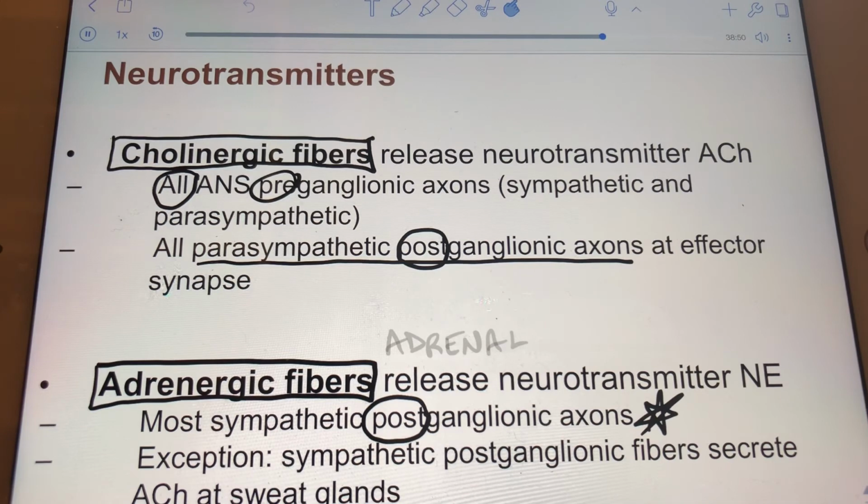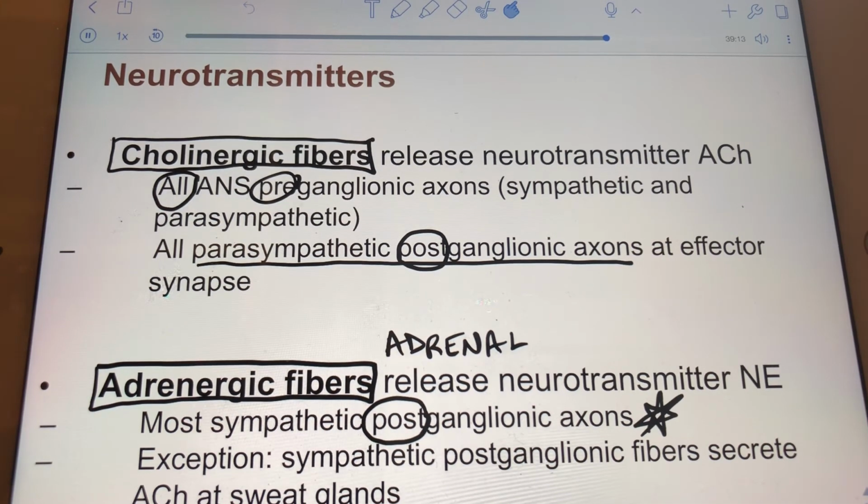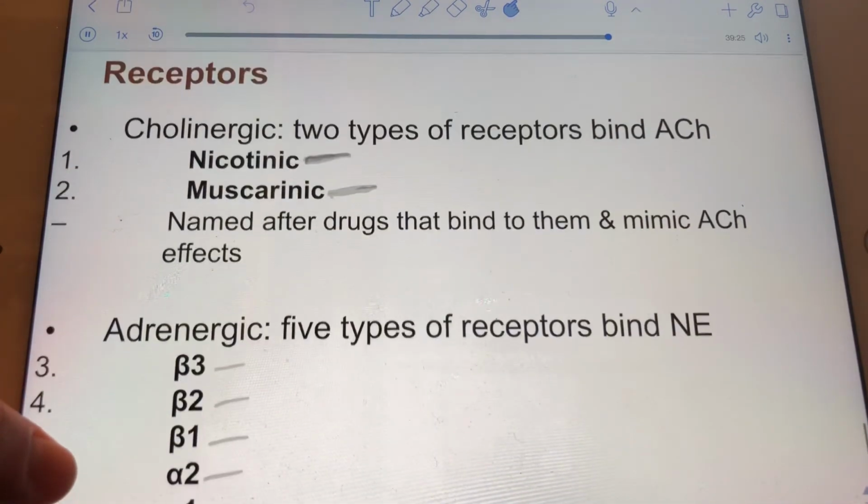And the root there, good grief, how about legibility? Adrenal. And sure enough, the adrenal gland, or at least part of it, secretes norepinephrine and epinephrine. Okay, it's really that postganglionic neuron that's embedded in part of the adrenal, specifically the adrenal medulla, that secretes epinephrine and norepinephrine. Okay, moving on to slide 29.